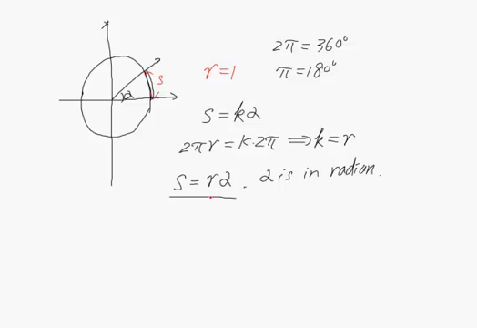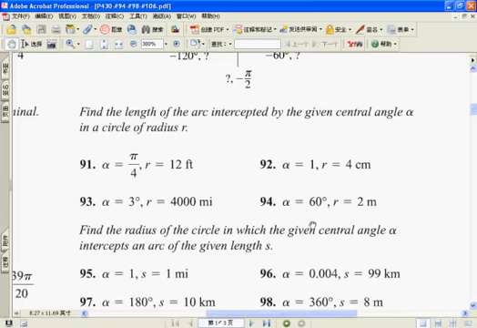Now let's look at one example on page 430, problem 94. In this problem, we need to find the length of the arc intercepted by the given central angle alpha in a circle of radius r. We know the angle is equal to 60 degrees, and the radius r is equal to 2 meters. So now let's try to find the length of the intercepted arc.